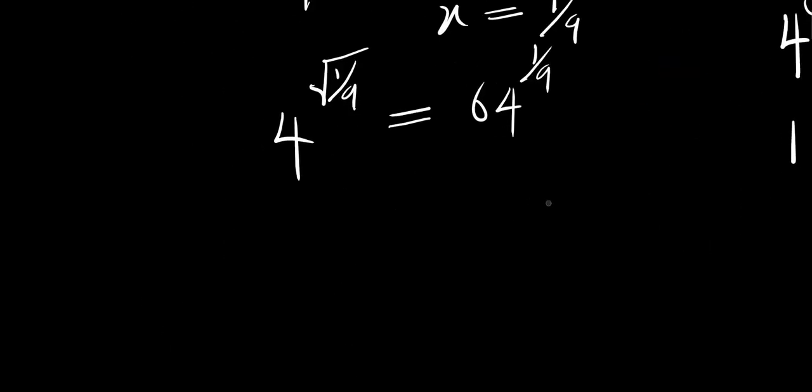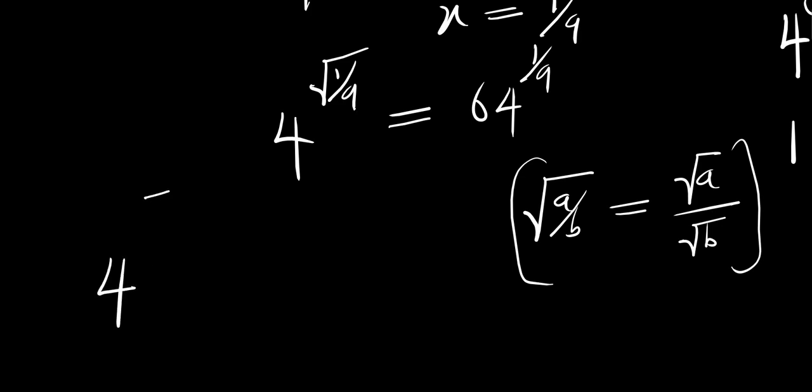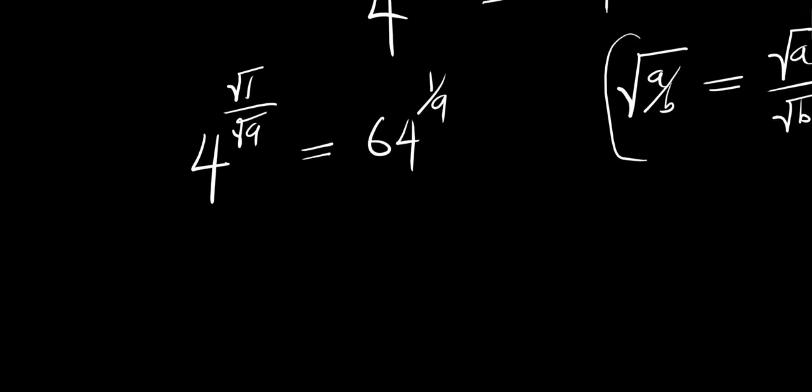And if you have square root of a over b, this equals square root of a divided by square root of b. Applying this right here, you have 4 power square root of 1 divided by square root of 9 equals 64 power 1/9. So from here, square root of 1 is 1, square root of 9 is 3.